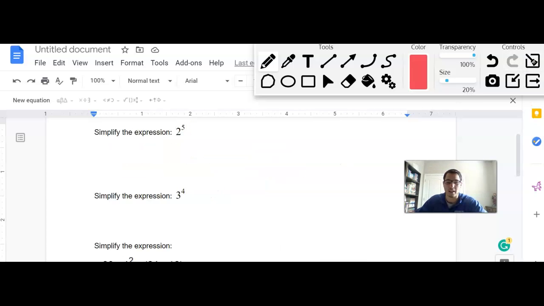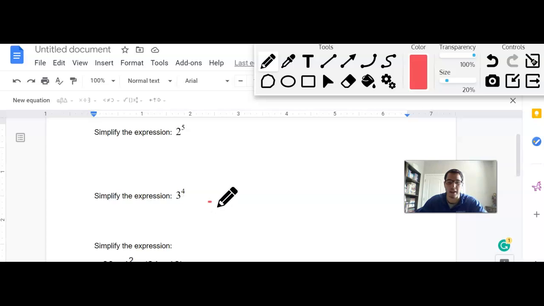All right, why don't you go ahead and simplify the expression 3 to the power of 4. Hopefully you've given that a try. If you took the base times the exponent and got 12, that is going to be incorrect.